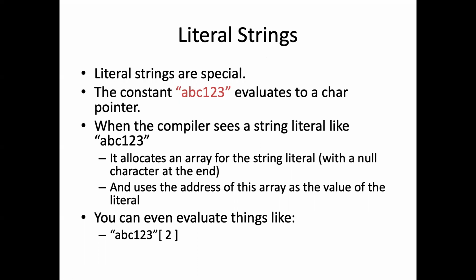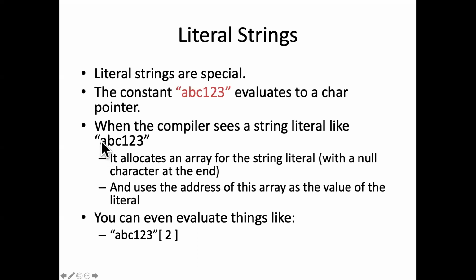When you use a literal string, you're telling the compiler to go find some room in memory and store that sequence of characters as an array with an end marker, the null terminator, at the end. Then whenever you use a string like this, it evaluates to a char pointer pointing at the first thing in that string.